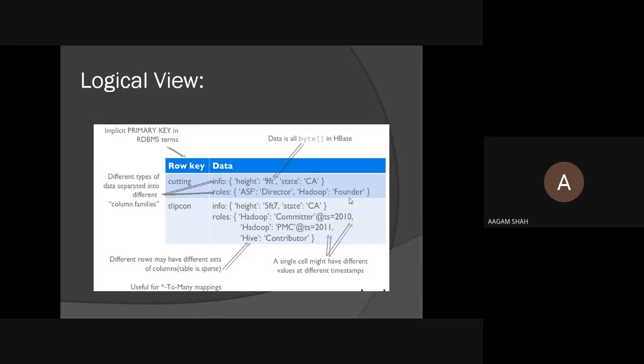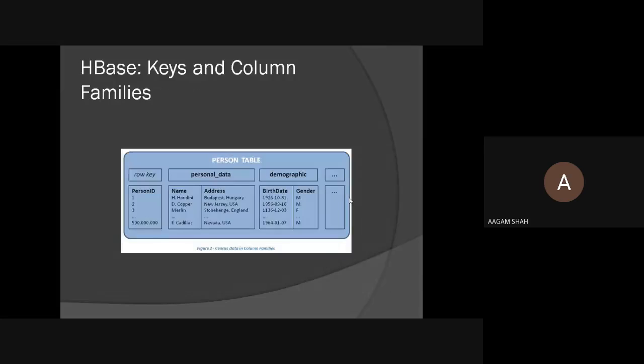Below, we see different rows may have different sets of columns, that is the table is sparse. And a single cell might have different values at different timestamps. That means it may have different versions in a single cell.